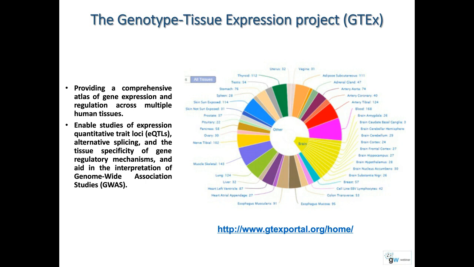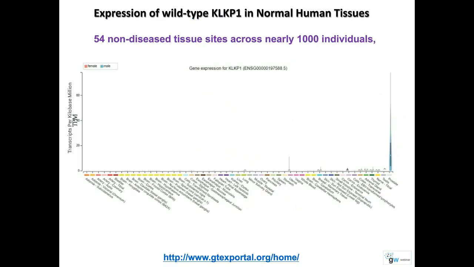If you are interested in any particular gene in cancer, you may want to look at the expression of this gene in benign tissue. With this type of analysis, this slide shows that full-length KLKP1 is expressed only in prostate tissue, not in any of the other 52 tissues, which shows the specificity and importance of KLKP1 in prostate tissue.